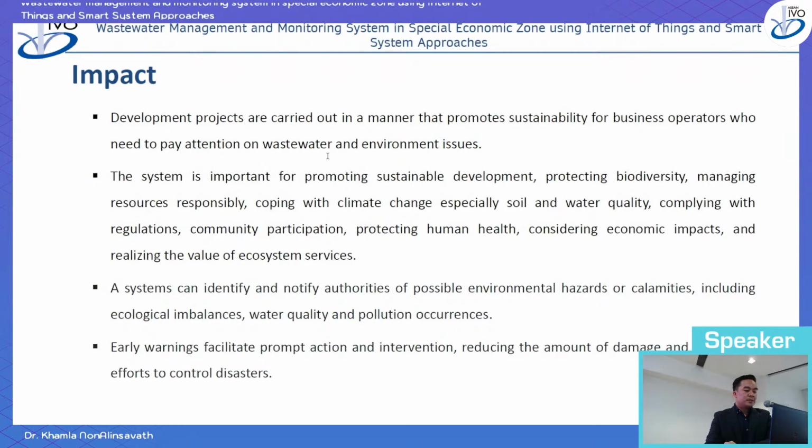For the impact, of course, we will have many impacts for the business operators who need to pay attention to wastewater and environmental issues, to make sure that they can take responsibility for environmental protection.